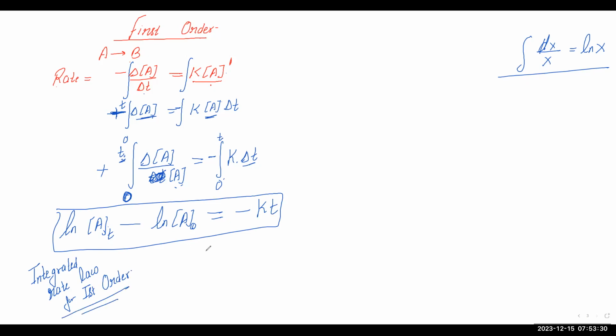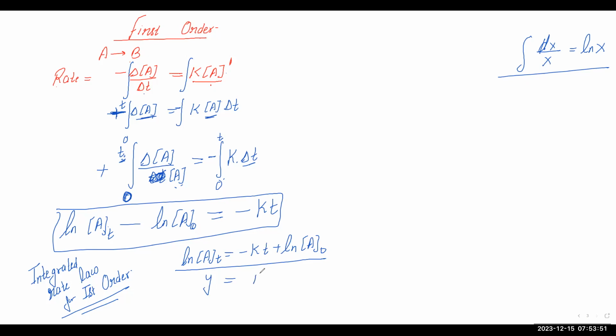Rearrange. Rearrange this equation. ln At is minus kt plus ln A naught. Write like this. This equation represents a straight line.